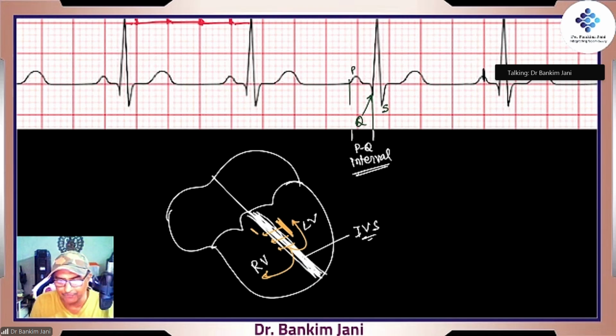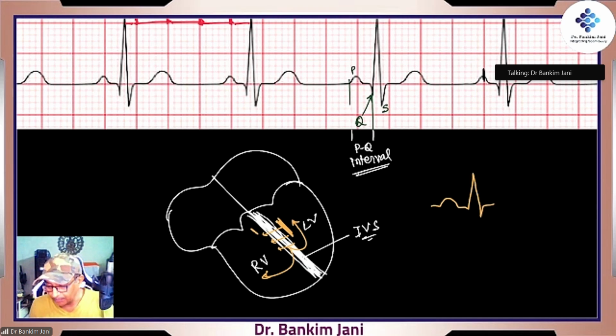That's why there is this small deflection of Q. It is because of the difference in the electrical conduction of the different tissues of the interventricular septum, because it itself is pretty thick. But it doesn't happen every time. Depending upon the slight adjustment of the electrode, Q at times might be missing, so you might get it going straight away like this.